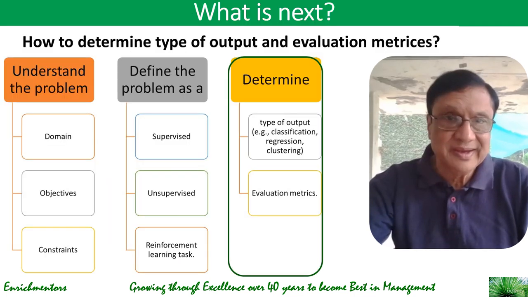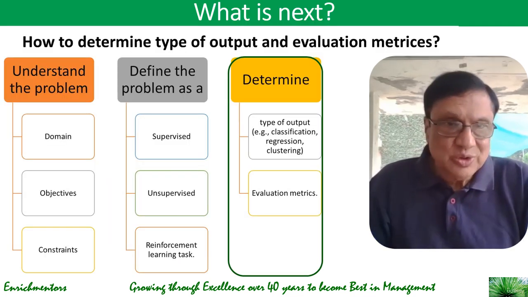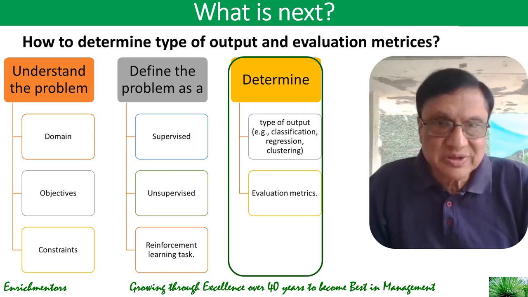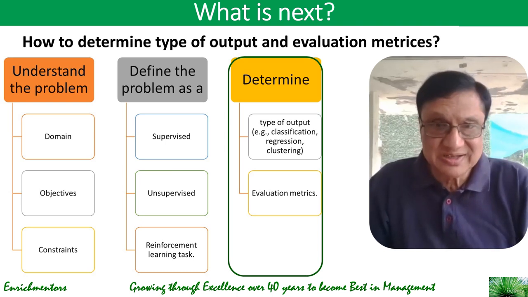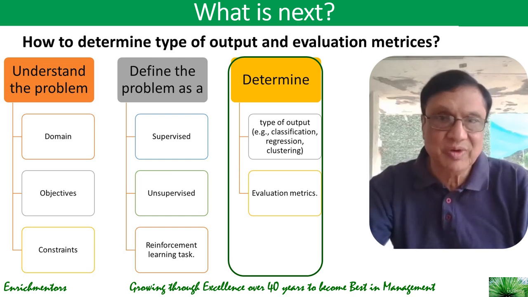Having done that, what do we do next? Having looked at the two steps, we will now talk about how to determine the type of output, whether it is a classification, regression or clustering kind of output, and the associated evaluation matrices. That's what we will talk about in the next few lectures as we go forward.